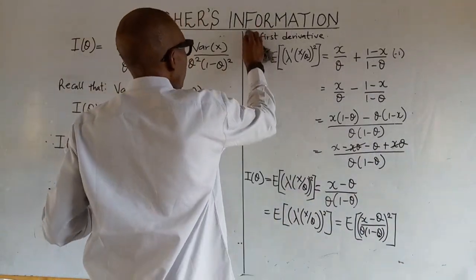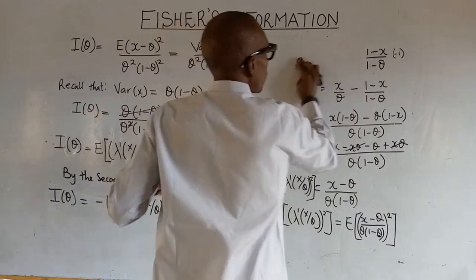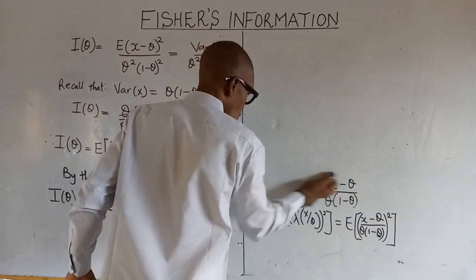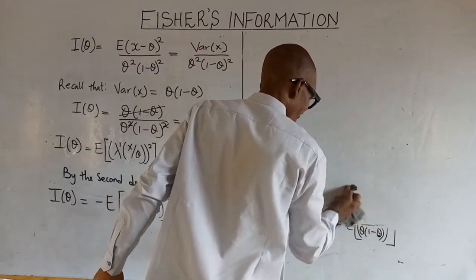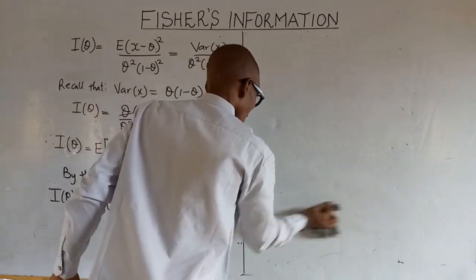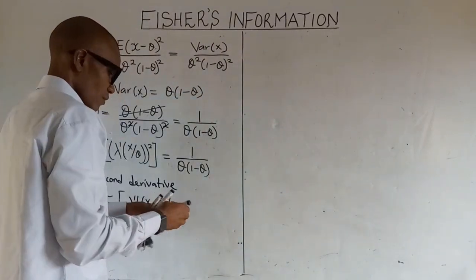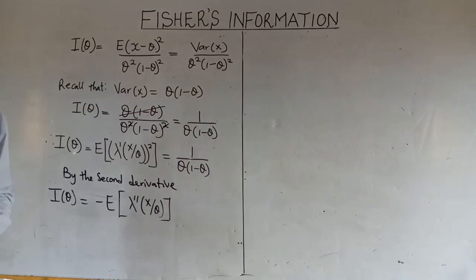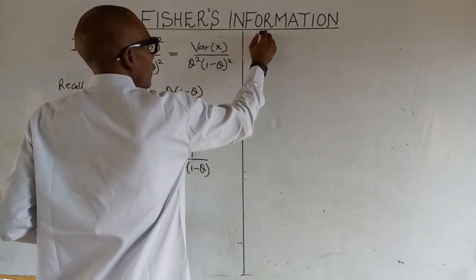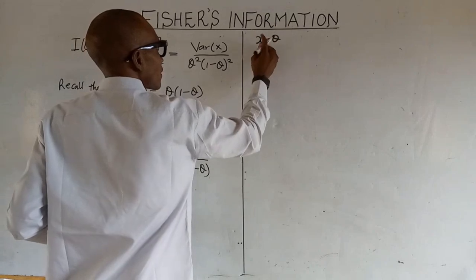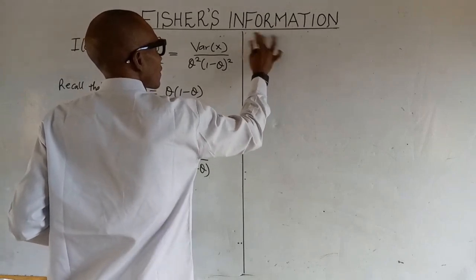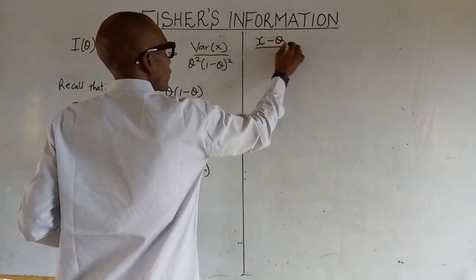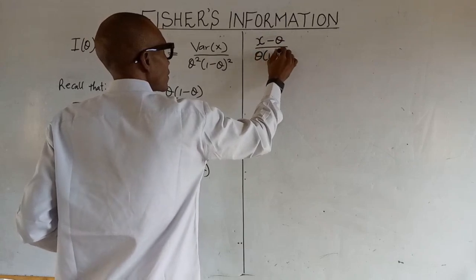To differentiate that function, we use what is called the quotient rule of differentiation. This is the function we are differentiating: x minus theta all over theta times 1 minus theta.